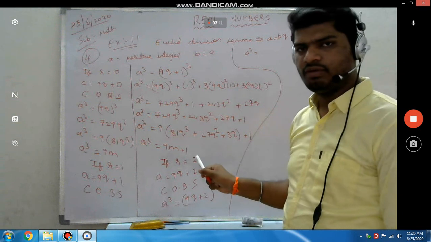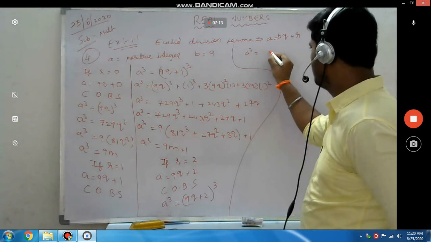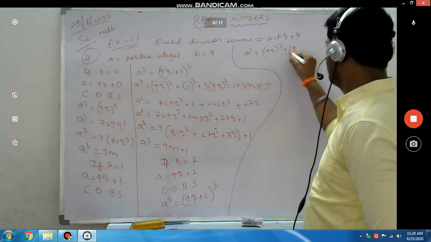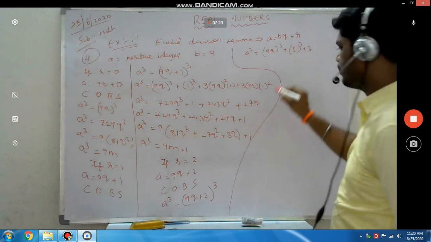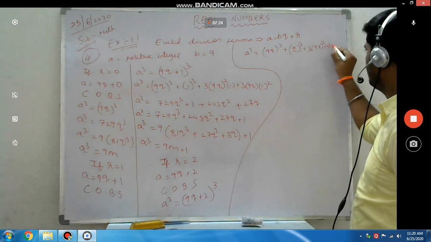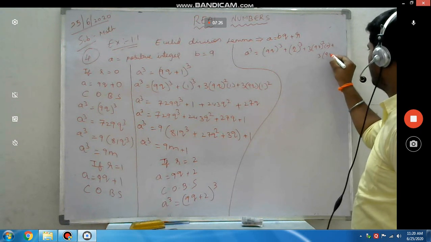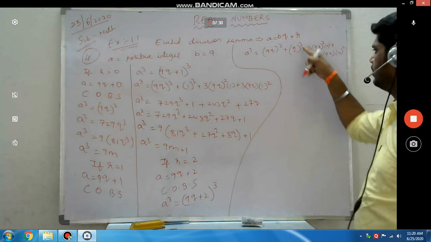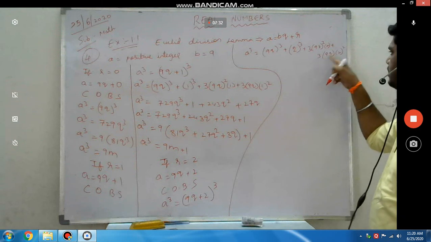If I apply it, what will I get? (9q) whole cube plus 2 cube plus 3 (9q) square times 2 plus 3 (9q) times 2 square.